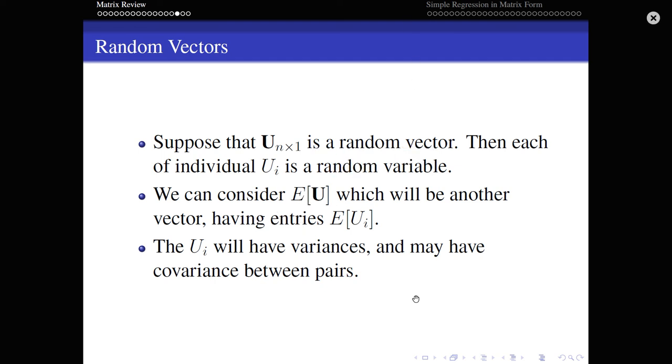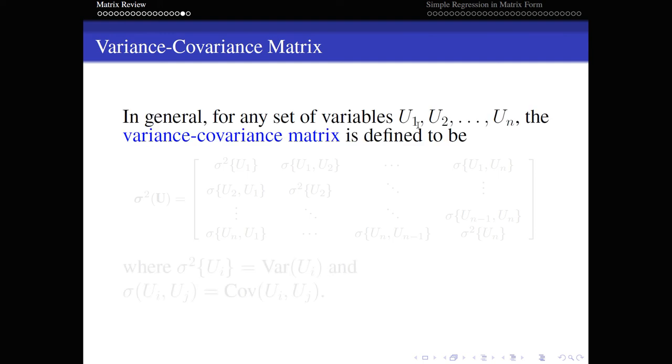And because they're random, they can also have variances and may have covariances between the different pairs. That is, not only may something vary on its own, but something may have a relationship with another data point. Now, this brings up an important idea called the variance-covariance matrix.